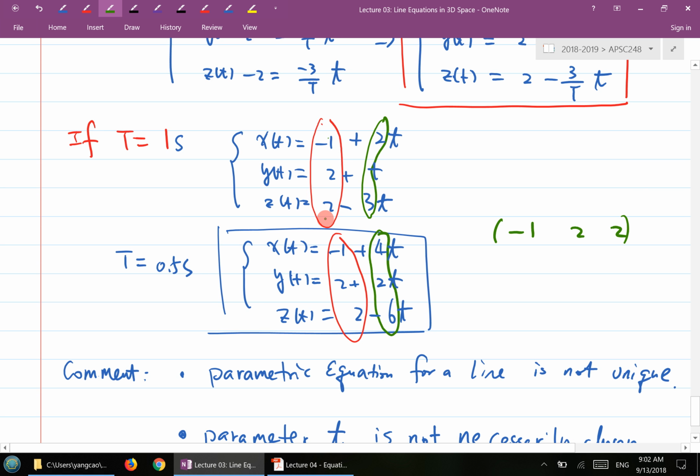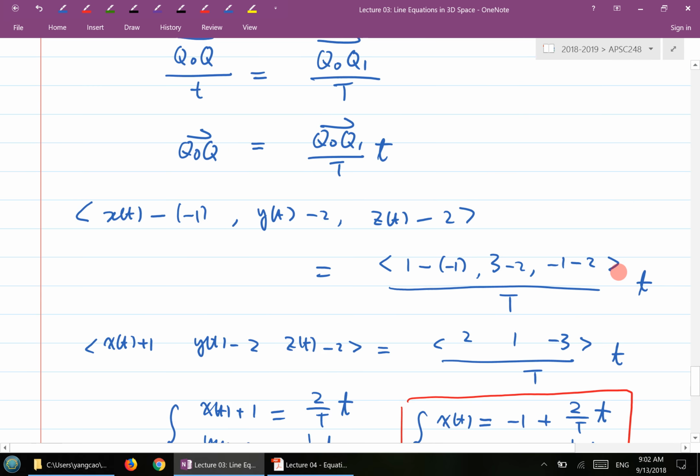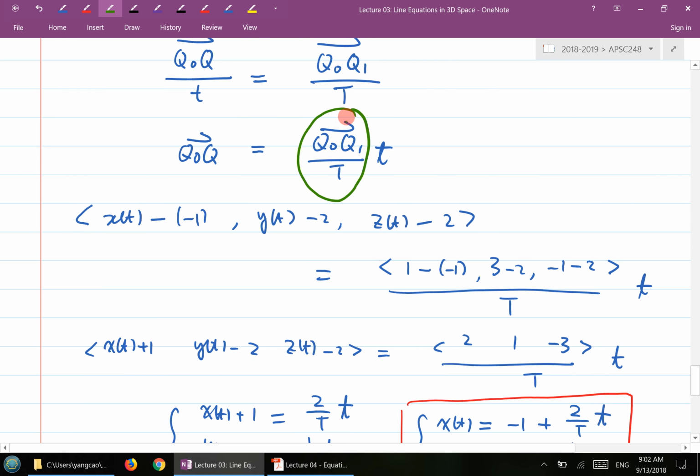And then these coefficients, 2, 1, 3, 4, 2, 6, they are from here, Q0, Q1 over capital T. If I take away this capital T, or let capital T equal 1, they're just the Q0, Q1 vector.